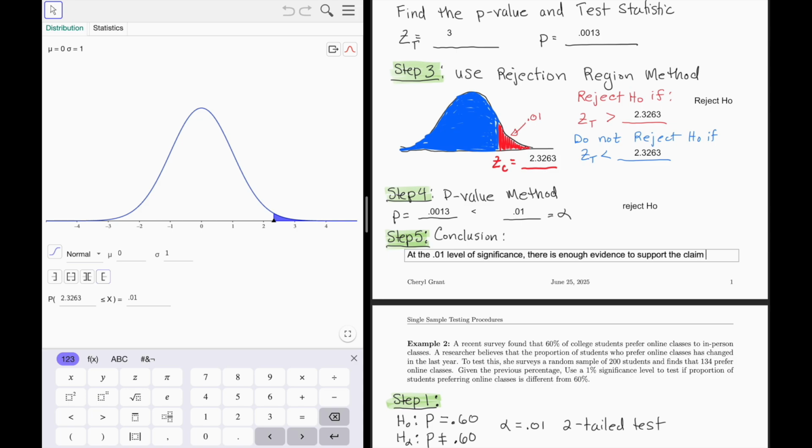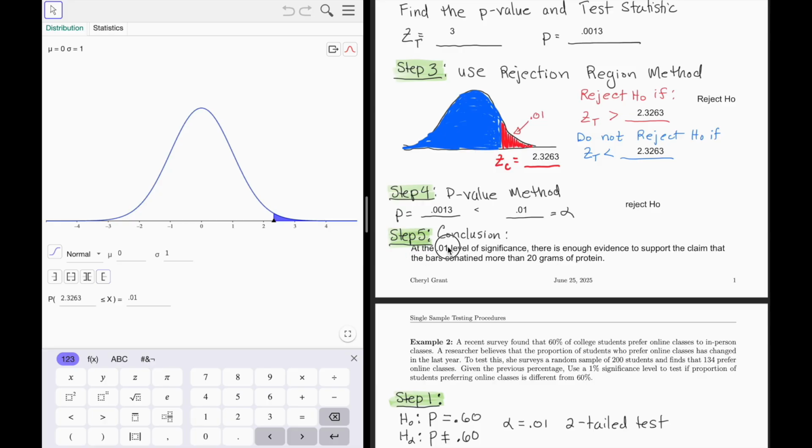And now this is where we put in our alternative hypothesis claim, the claim that we were testing. We were testing that the bars contained more than 20 grams of protein. So here's our conclusion.